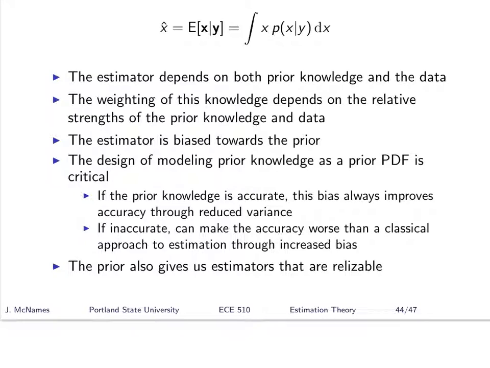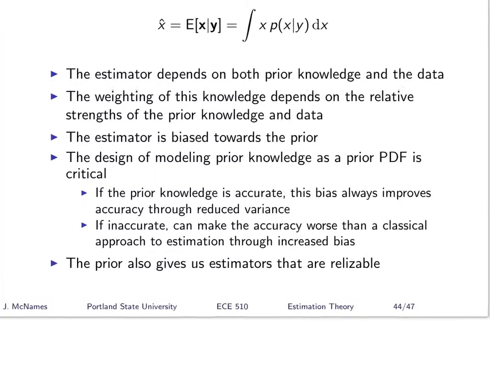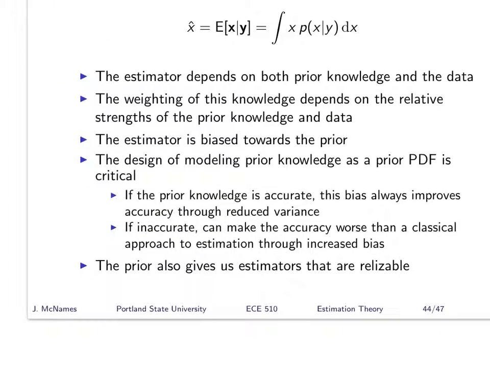If you're modeling a submarine going through the ocean that you're picking up with radar, where your measurements are the radar pings, and the state is basically the dynamic state of the submarine, its inertial state, then you may have a lot of knowledge about how that submarine can move: it can only go so fast, it can only accelerate so fast, it can only turn so fast, dive so fast. But getting that part right is where a lot of the engineering is in this framework, in designing that prior model.